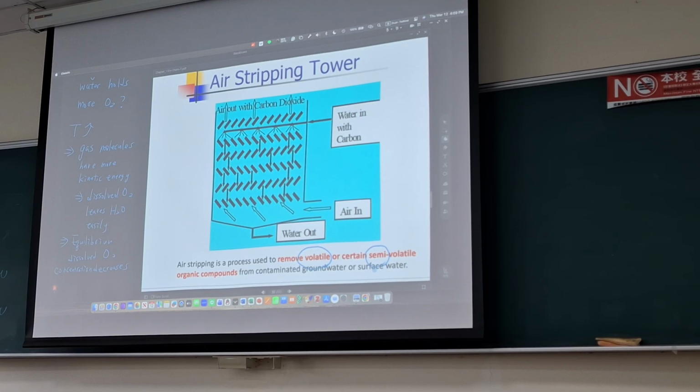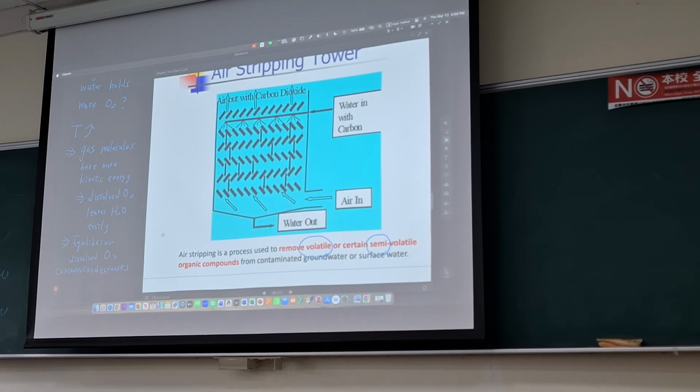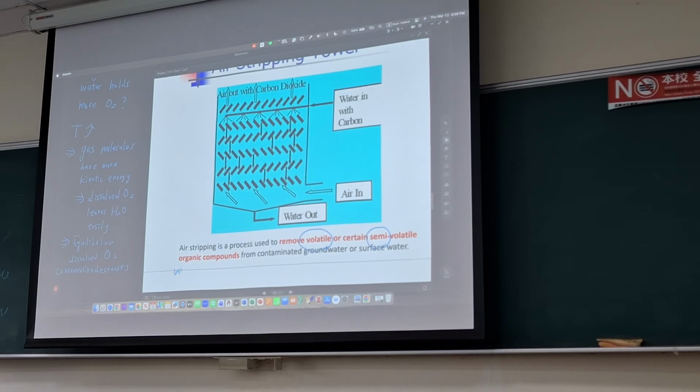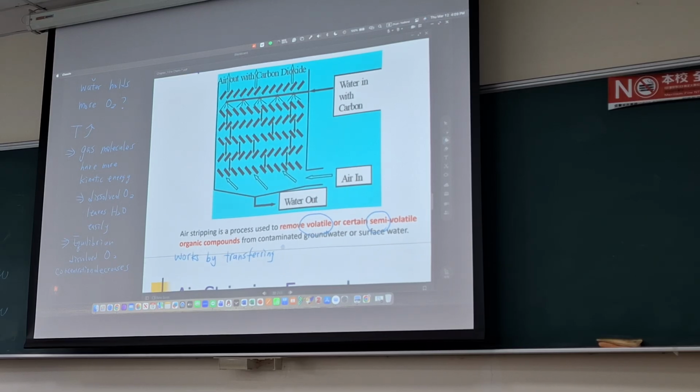This process works by transferring dissolved gases from water into air. Okay?